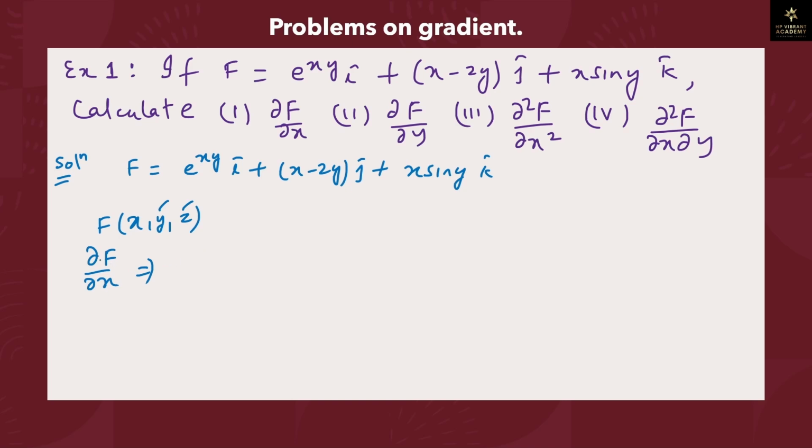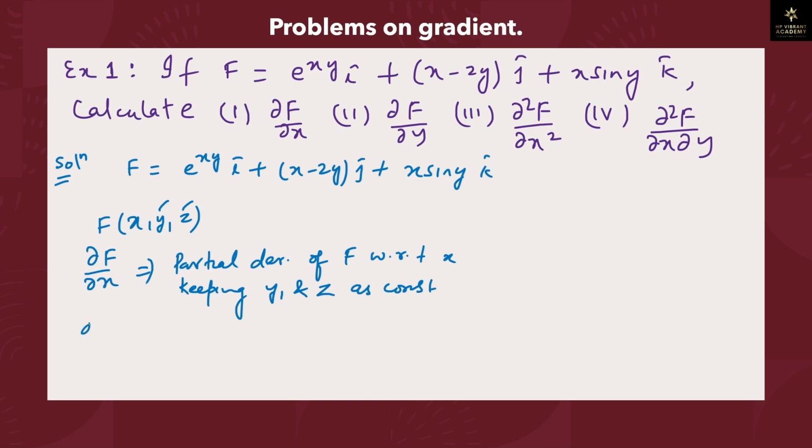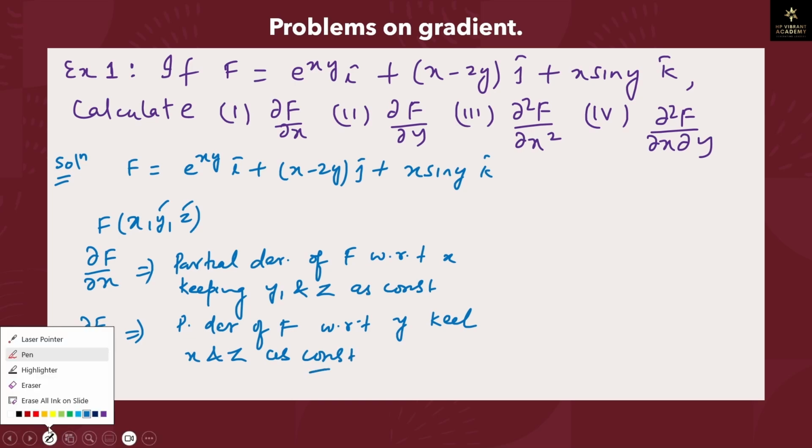So del f upon del x is the partial derivative of f with respect to x, keeping y and z as constant. Similarly, del f upon del y is the partial derivative of f with respect to y, keeping x and z as constant. Okay, so let us use this concept.